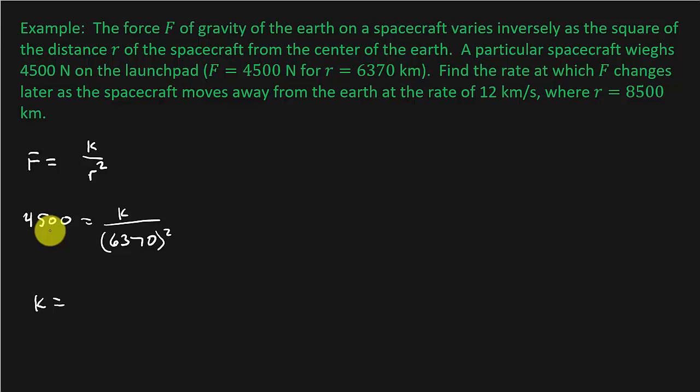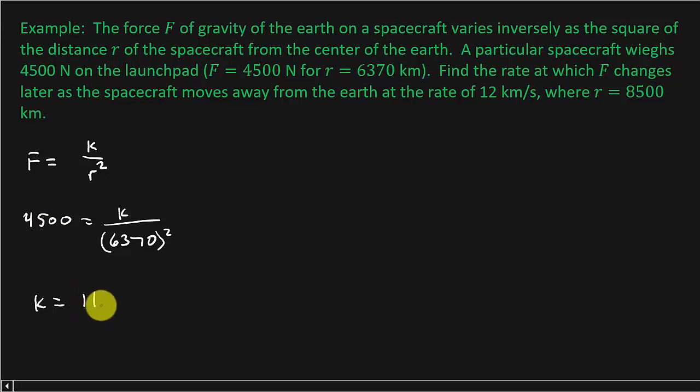We'll write it in scientific notation, and your calculator actually gives you the answer in scientific notation. So we'll write it as 11.83 times 10 to the 11th. Okay, so that's K.